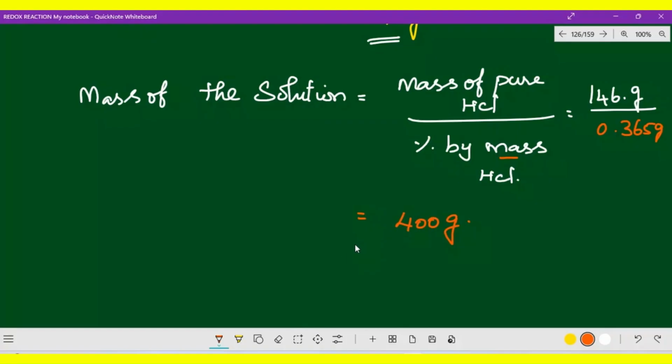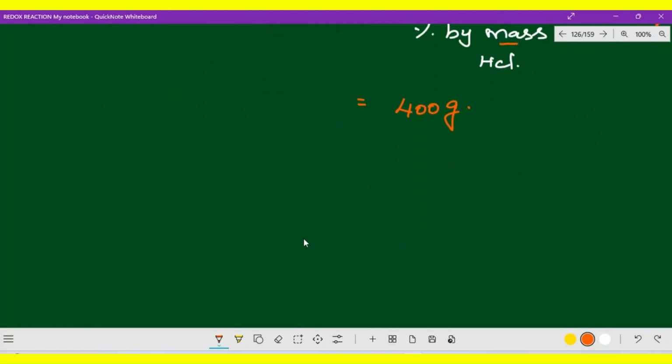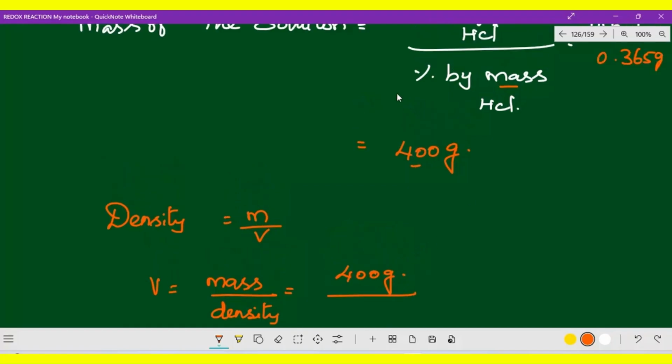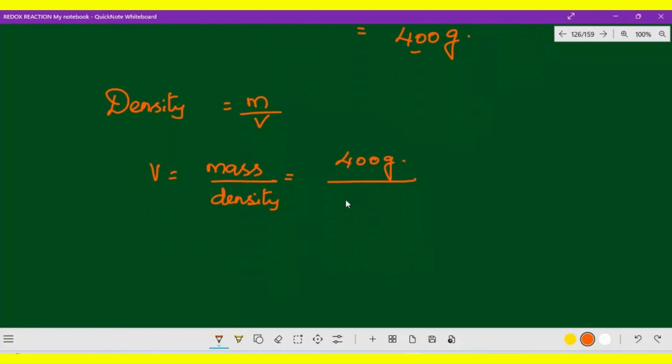Now here, density of the solution. They asked about density. Density equals mass by volume, so volume equals mass of the solution divided by density. Mass of the solution we just found is 400 gram, and the density they have given in the question is 1.2 gram per centimeter cube.